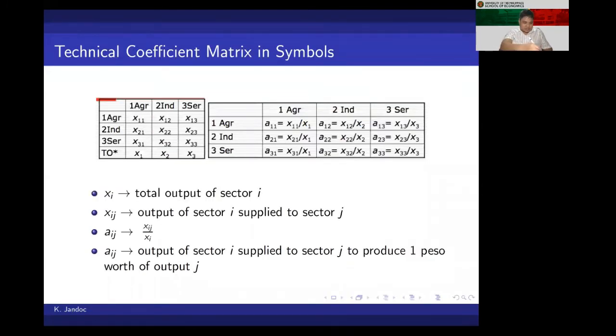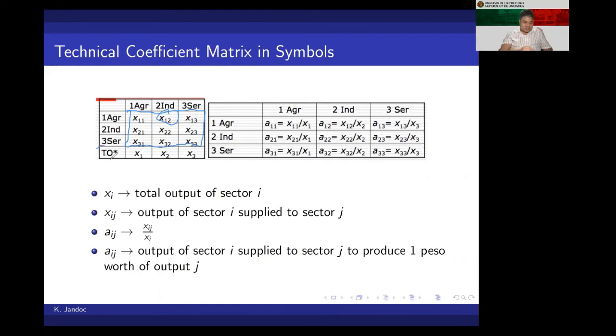Now let's just zoom in on this part of the table that we had in the previous slide. So we have discussed what these amounts are. So X11, just to recall, is the amount of output in agriculture supplied to agriculture. X12 is the amount of output in agriculture that's supplied to industry, and so on and so forth.